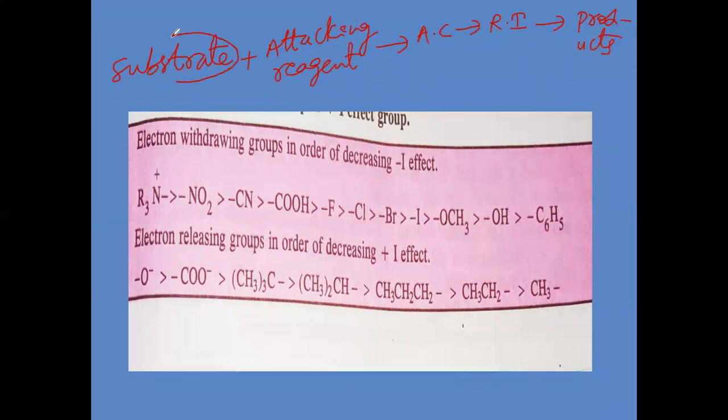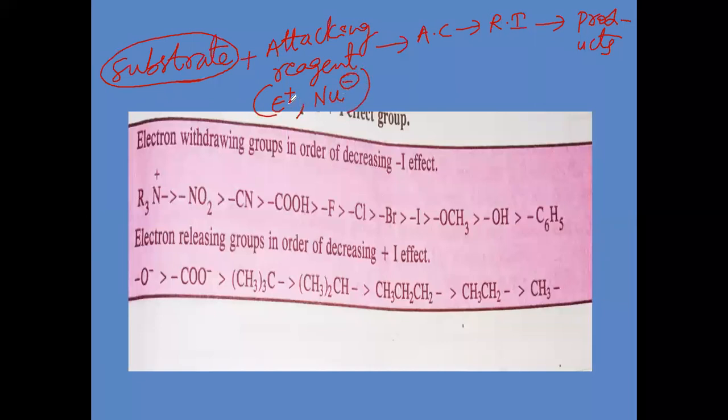In the substrate molecule, some electronic displacement effects will be there. The electron displacement effect will decide which type of attacking reagent will attack. Generally, attacking reagents are electrophiles and nucleophiles.